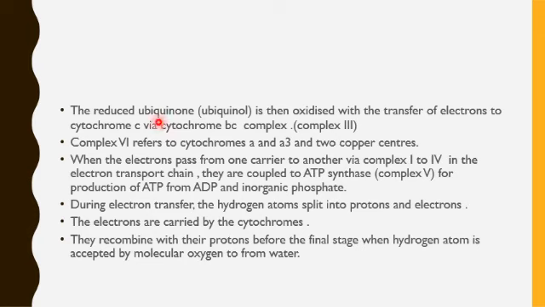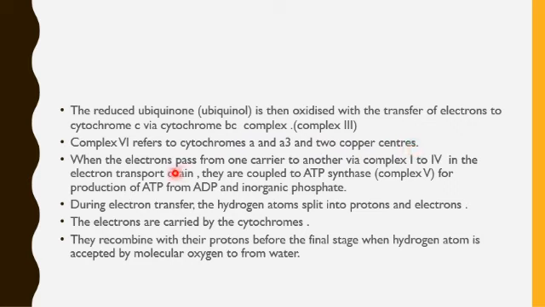The reduced ubiquinone, that is ubiquinol, is then oxidized with the transfer of electrons to cytochrome c via the cytochrome bc1 complex, that is complex 3. Complex 4 refers to cytochrome a and a3 and 2 copper ions.